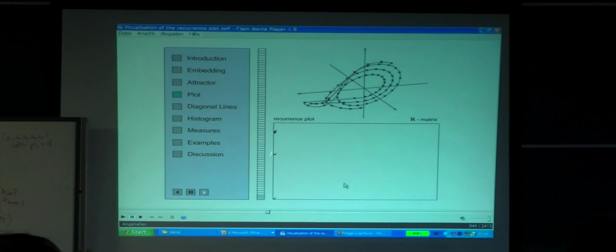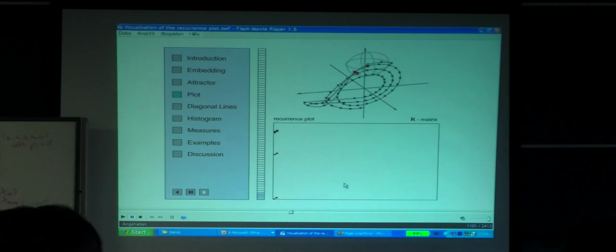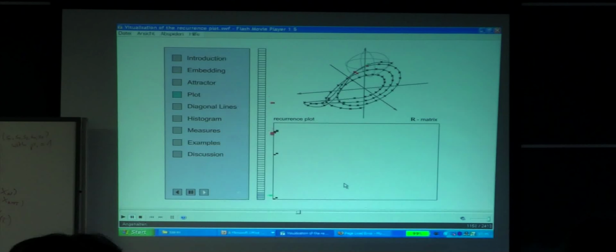I mark these points by ones in this recurrence matrix R and by black dots in this so-called recurrence plot. So the black dots in this plot just correspond to the ones in this matrix, and the white points correspond to the zeros, where different observations are not very similar. Okay, it will go a bit faster very soon, and you will see that there are certain structures which emerge in this representation.